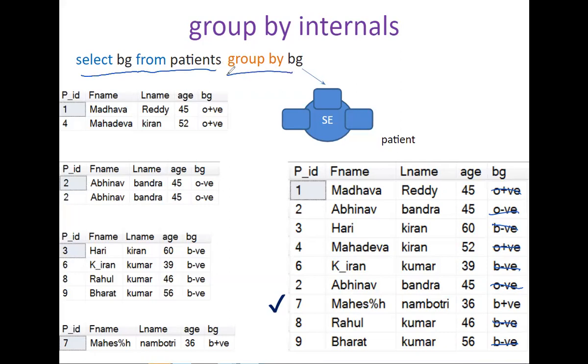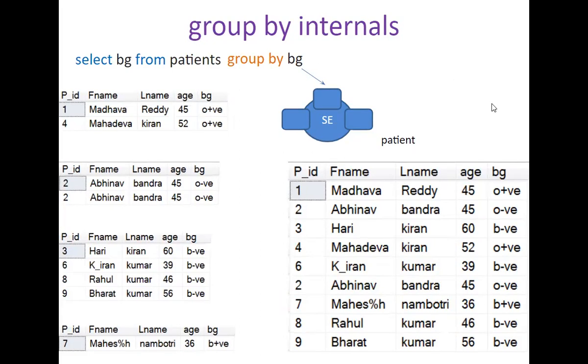Now the grouping part is done. Now I want to display the BG. So should I display all the O positive, O negative like this? No. From each intermediate result set, only one value is needed, right? Because O positive has duplicate copies. I don't want the duplicate copies. So from each intermediate result set, one BG value will be sent to the final result set.